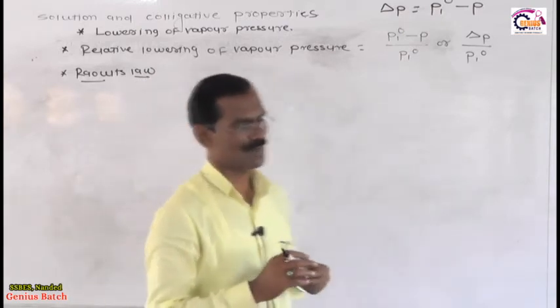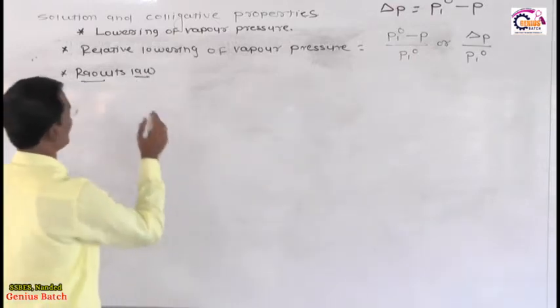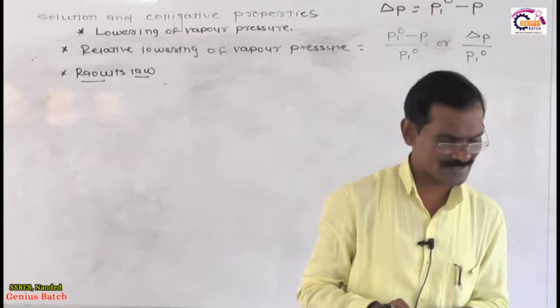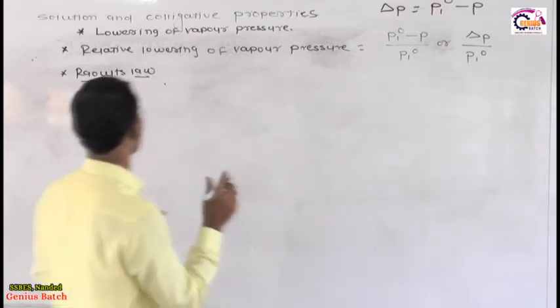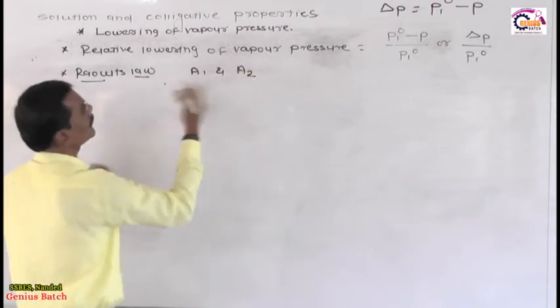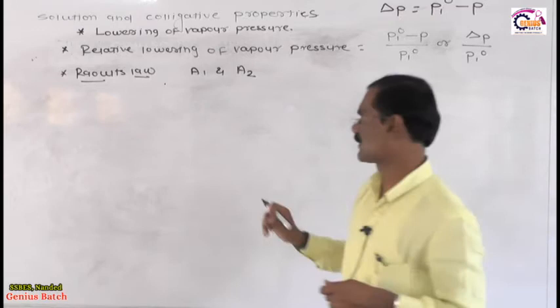Suppose for example, I will explain, according to Raoult's law, consider a solution made up from A1 and A2, these are the two components we mix together for the preparation of the solution.